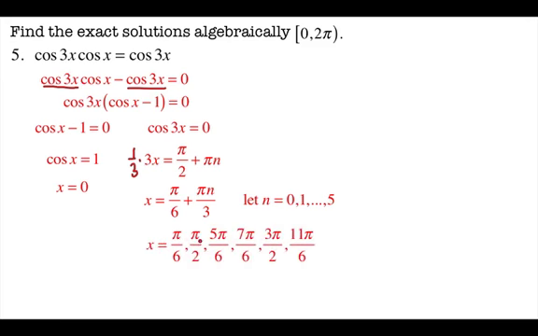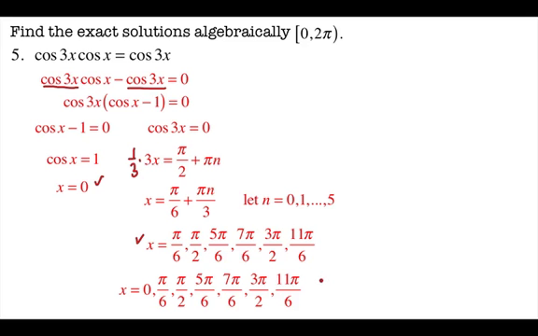And that's how I get all these answers. Plug in n equals 0, n equals 1, all the way to 5, and we'll generate all these answers. So what is the answer to number 5? This plus this. So here it is. These are all your solutions of this equation within this restriction.